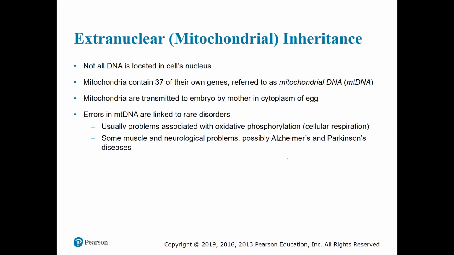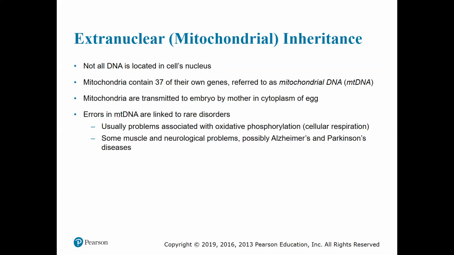You also can inherit DNA outside of the nucleus. Mitochondria have their own genome. There are 37 genes in mitochondria, and we call that mitochondrial DNA, or mtDNA. It's transmitted to the embryo by the mother in the cytoplasm of the egg. So our mitochondrial DNA is our maternal mitochondrial DNA. We do not inherit paternal mitochondrial DNA.